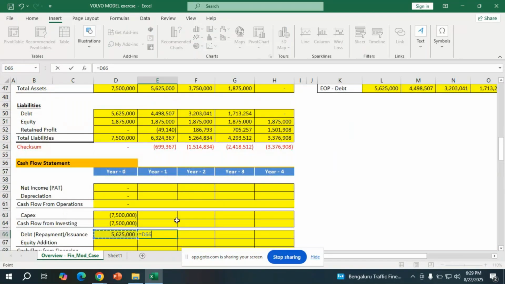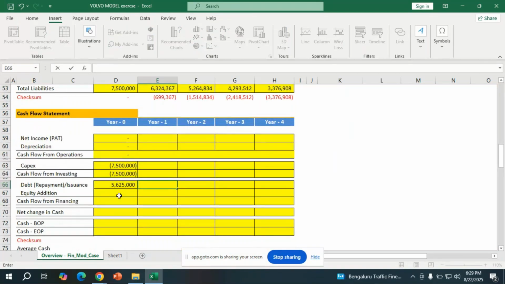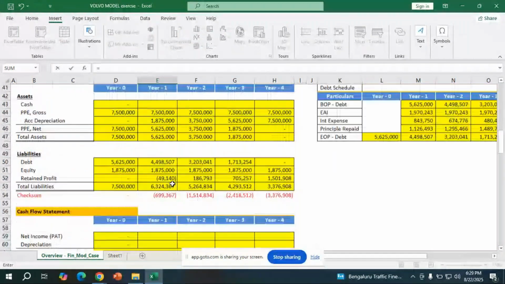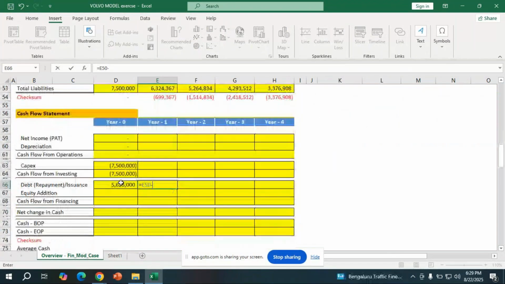Okay, and minus this. So I'll repeat again. See, here, debt repayment or issuance. In year zero, it is 56 lakh 25,000, the total amount of debt. Now in year one, you're going to make some payment, right? So how much? Here, this year 1 minus your year 0. So this much you're going to pay away as your debt.